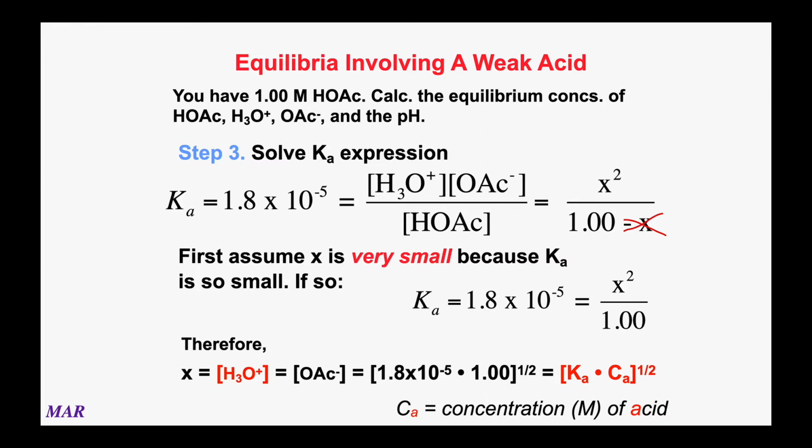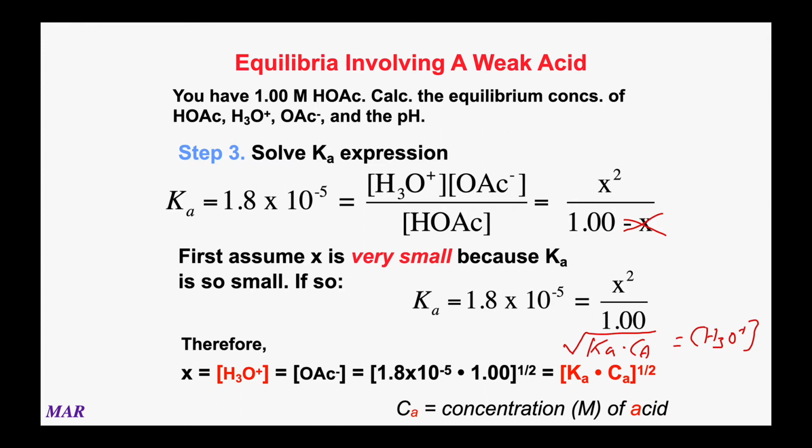Remember that something to the 1/2 power is a square root. So you could also write this as the square root of Ka times Ca, and that equals hydronium. And this is a pretty awesome expression. Now, Ca stands for the concentration, the moles per liter of our acid. In this case, it was 1.00, but you could put in any number you want.